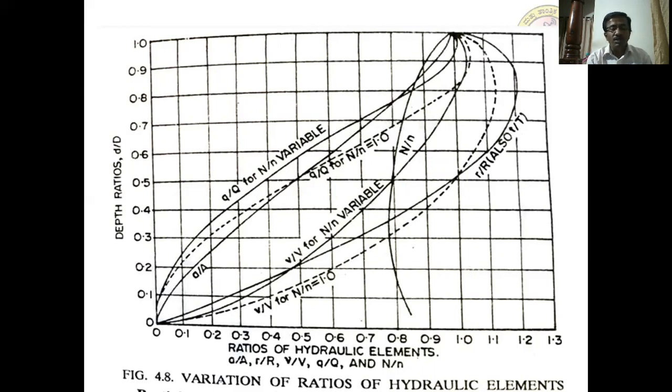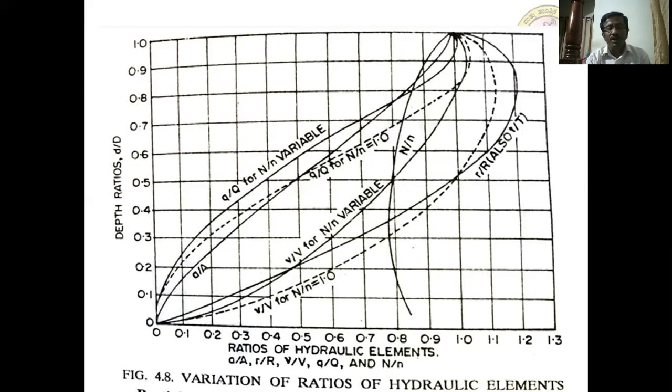From the curve, it is observed that the R by R value, the dark line on the left, is definitely more than 1 for 0.9 as well as 0.8 and 0.7 and so on. See the second, dotted line, V by V. From the graph you observe that V by V is also more than 1 and it is maximum for a d by D ratio of 0.8.